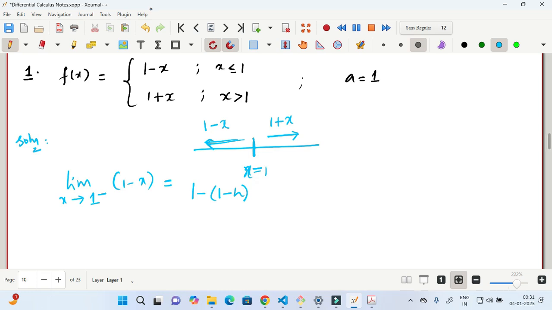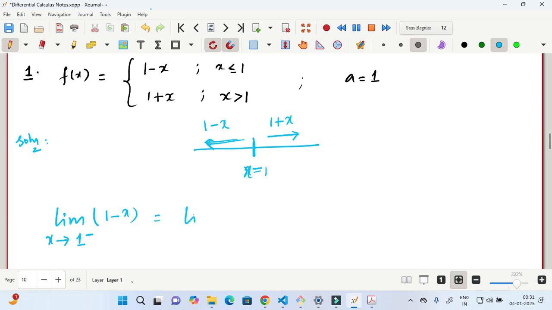I'll be writing clearly, please excuse me. Limit x tends to 1 minus, the function is 1 minus x. This means x is a little lesser than 1, so 1 minus h, where h is very small, in 1 minus x.